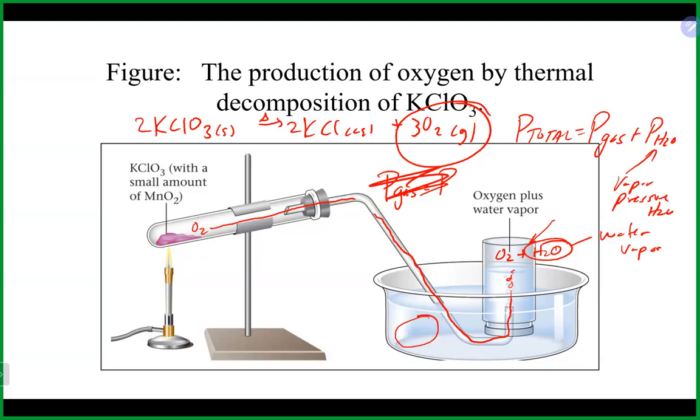And much like what you did in the lab and you'll do again, you get that value from a table, which is based on temperature. And in a lot of cases, because we're interested in just the oxygen, we have to do a corrected calculation for the pressure so that the pressure we're using only deals with the oxygen's contribution rather than the water vapor's contribution.